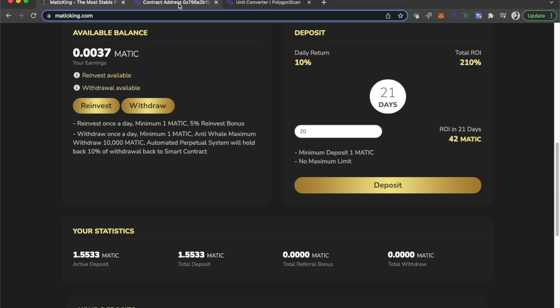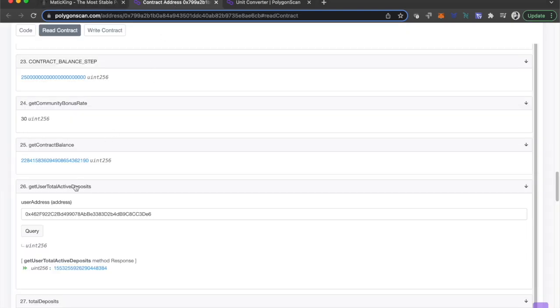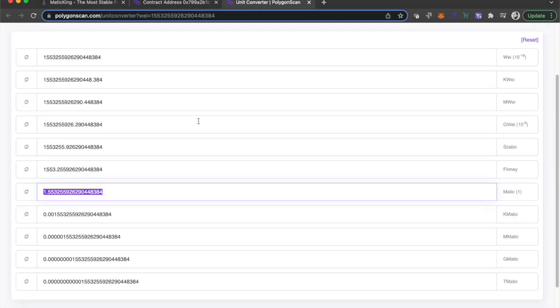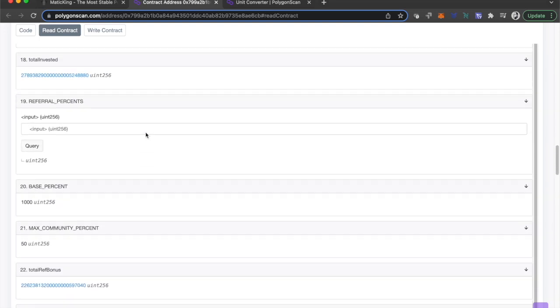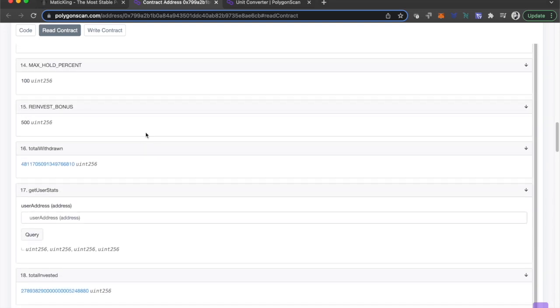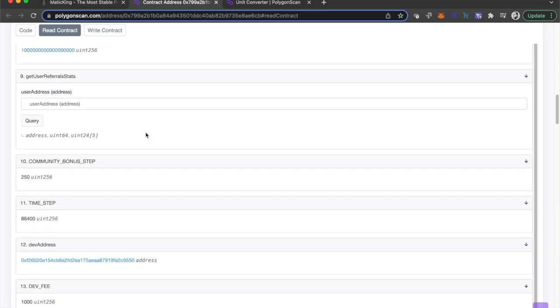And when I go straight to the contract and I get my active deposits and I run that query, that's what's returned. Let's go ahead and get my, or would it be user stats?